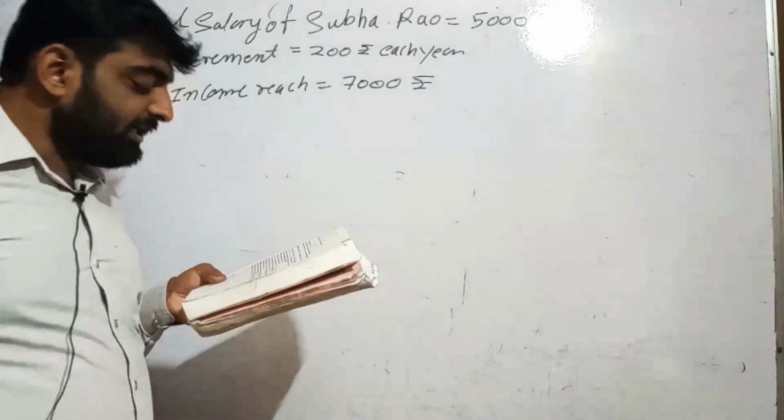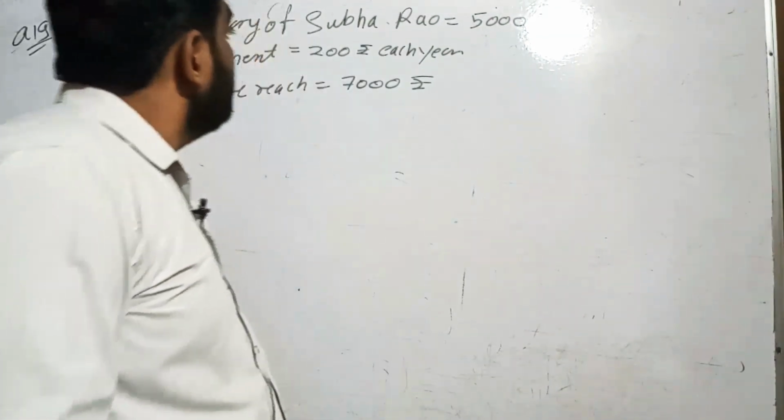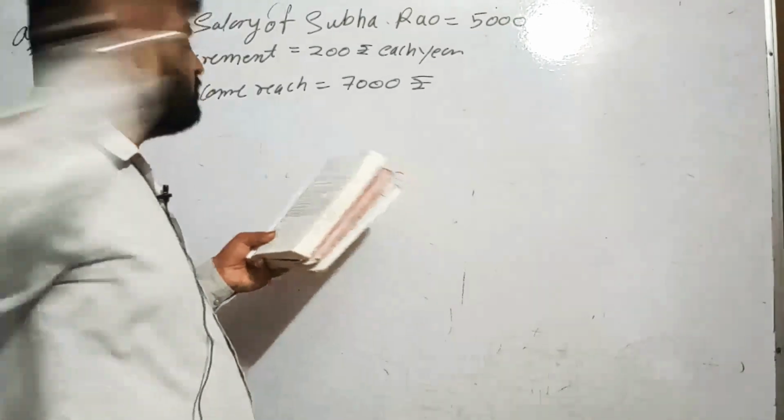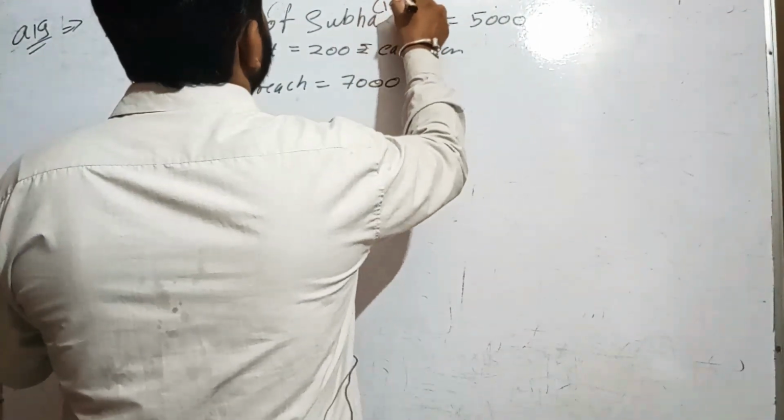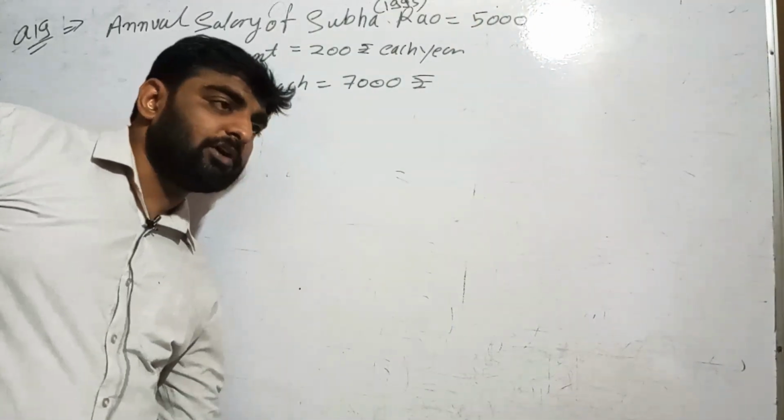You have to find out in which year the income reached 7,000 rupees, given that in 1995 the annual salary of Subba Rao is 5,000 rupees.